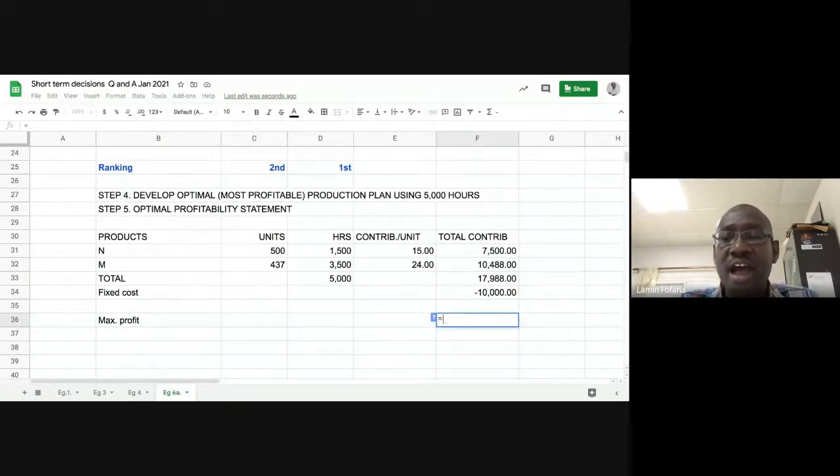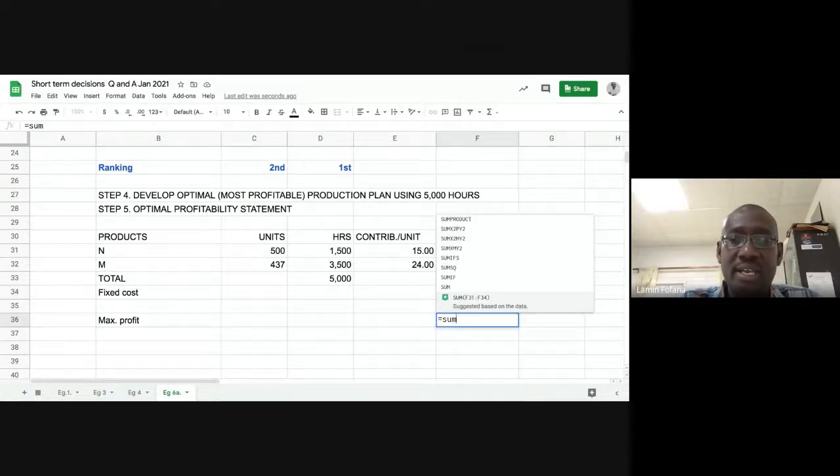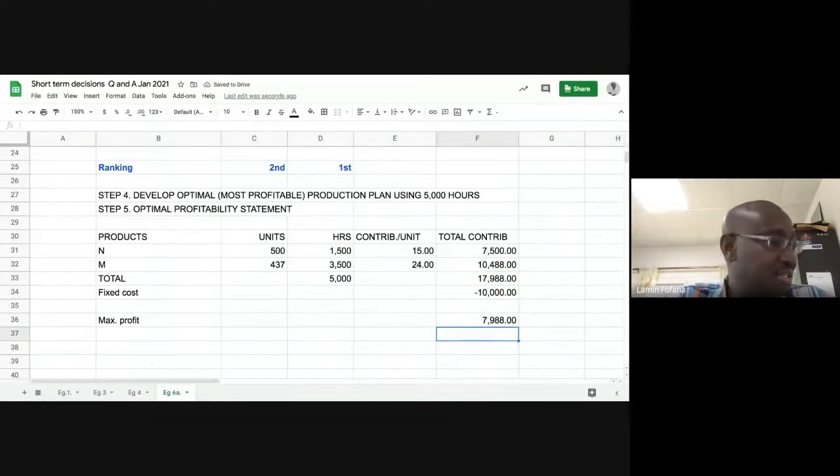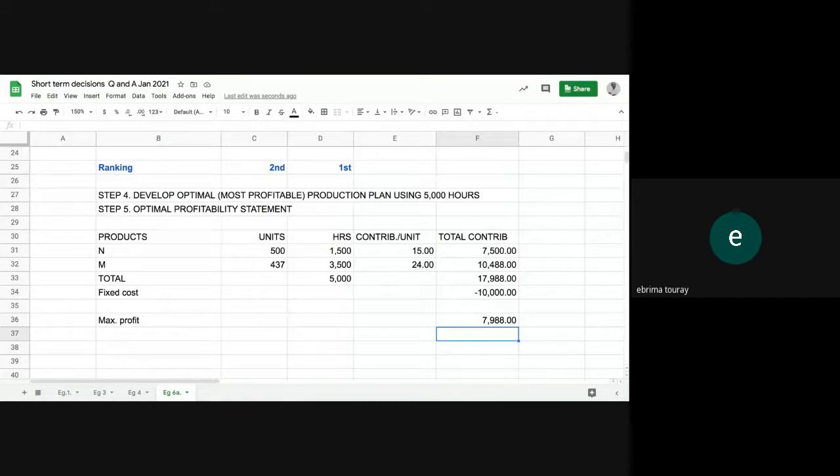So since we have the fixed cost as a negative, we can just add them. We can say equals sum, bracket opens from here to here, and then we close the bracket, we enter. So our maximum profit that we can get as a result of the limiting factor is 7,988.